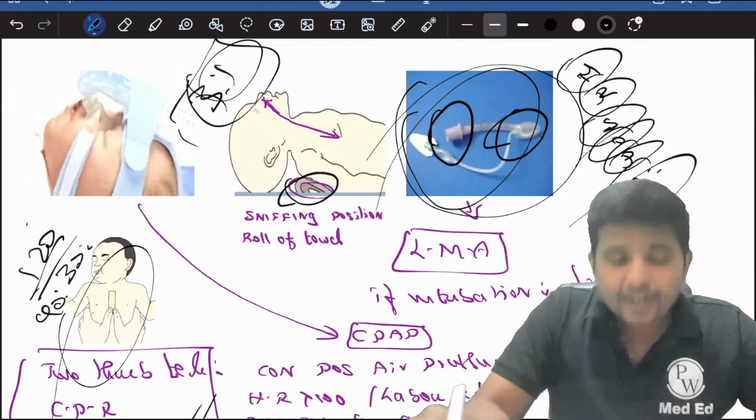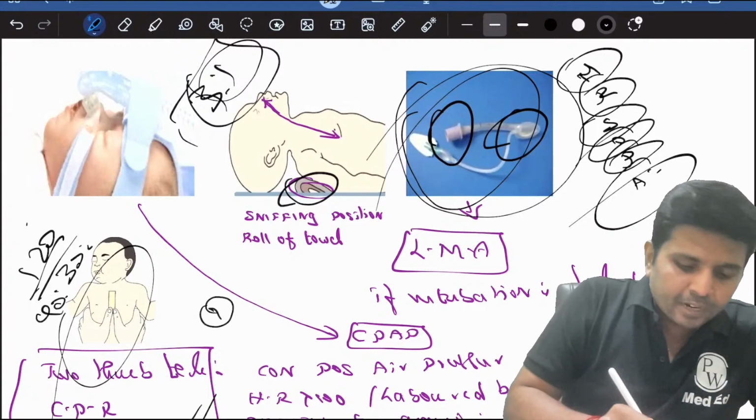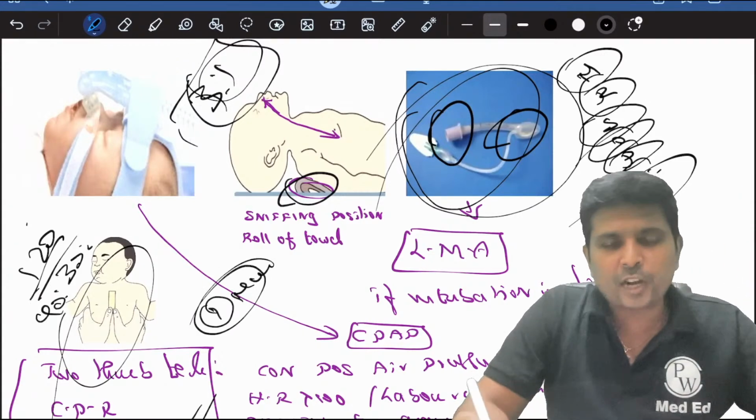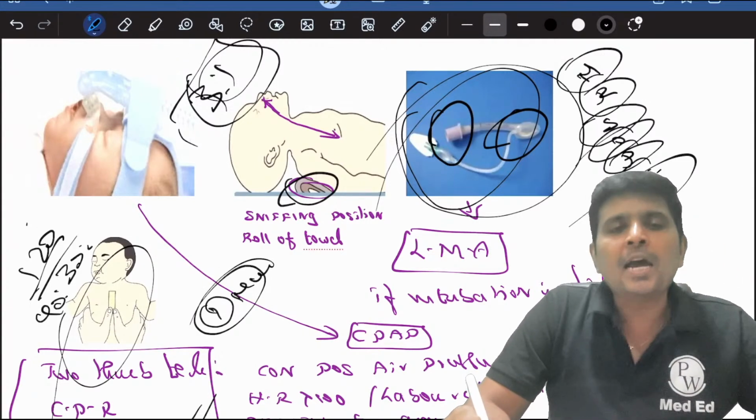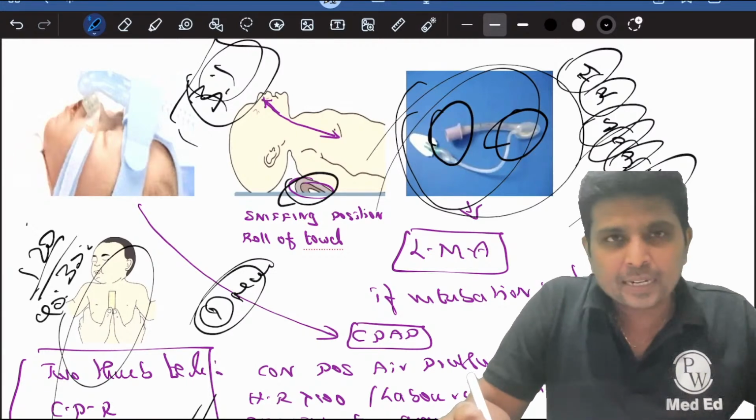Right. Despite doing successful cardiopulmonary resuscitation, at the end of 1 minute, if the child is not showing any improvement in the heart rate, then you need to start adrenaline. The normal adrenaline is 1 in 1000.